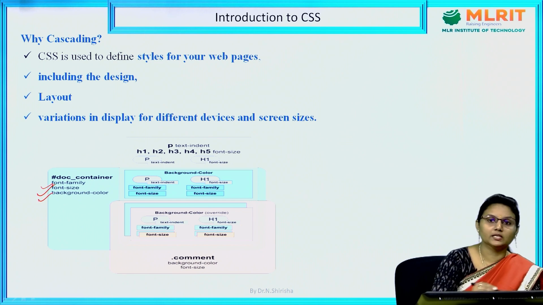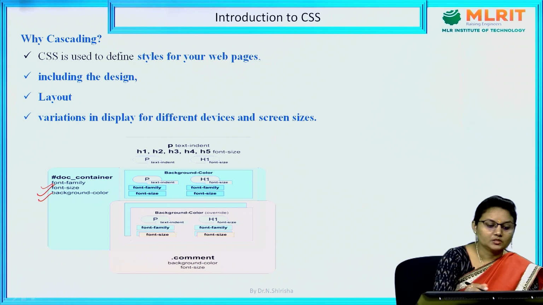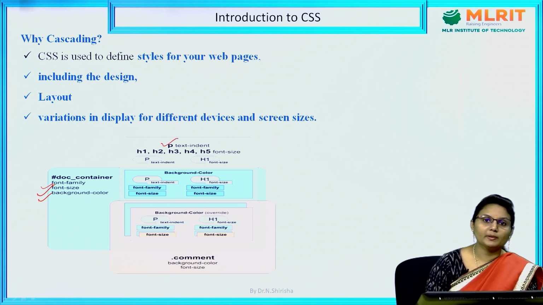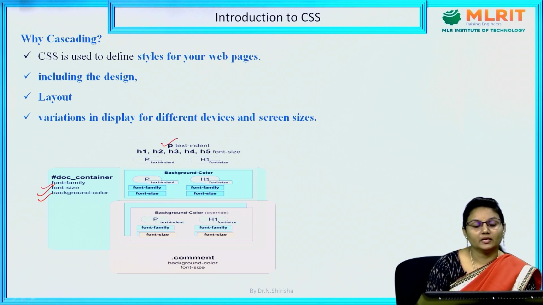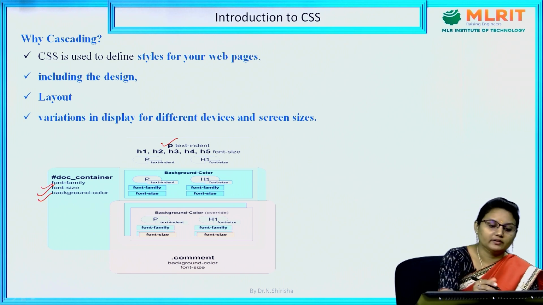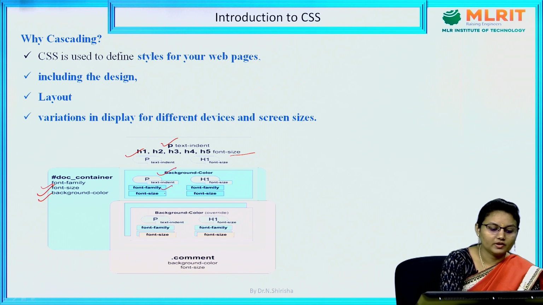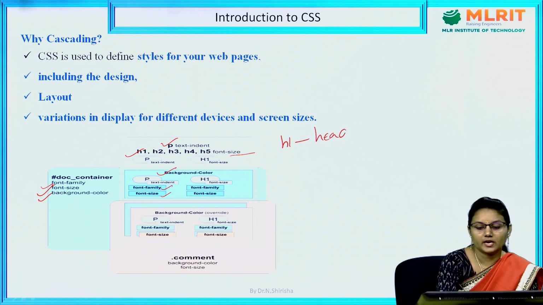Then background color can also be applied. For paragraphs you can also apply attributes, like text indentation, etc. And for H1, H2 you can also apply font size, background color, font family. H1 is used for headings, as you all know.